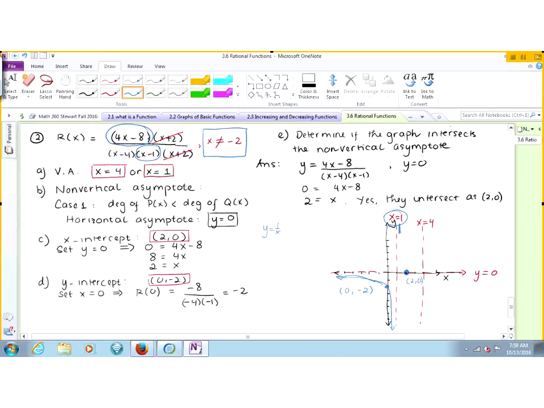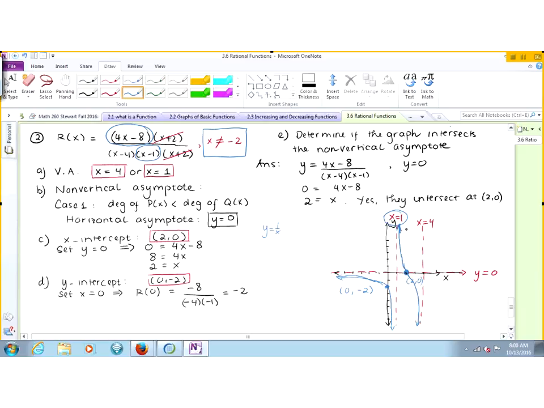What is the exponent of 4x minus 8? 1. So it's odd. So will it cross or touch? It crosses, so it's going to look like this, right? And of course, it's going to go down.